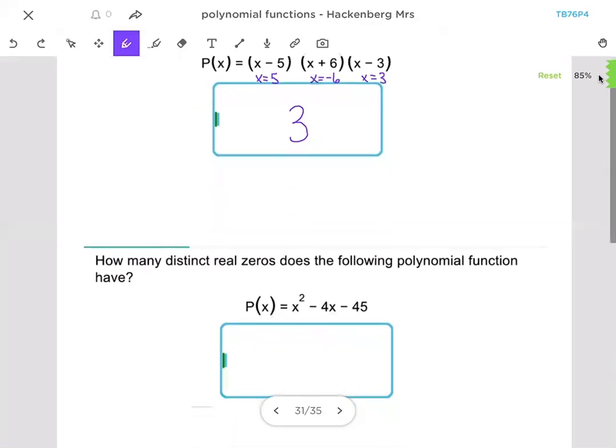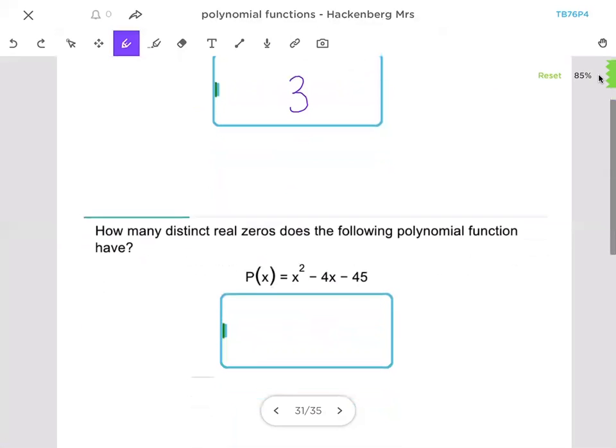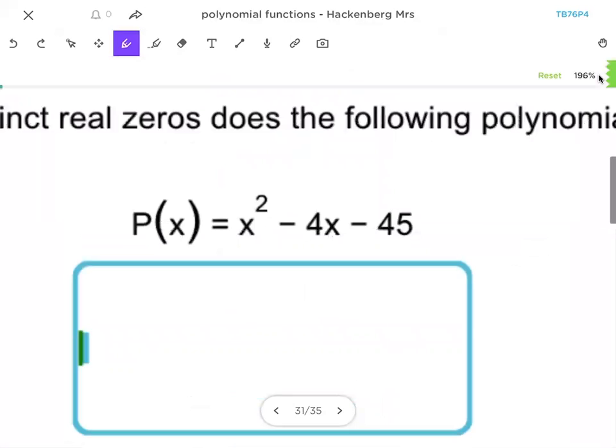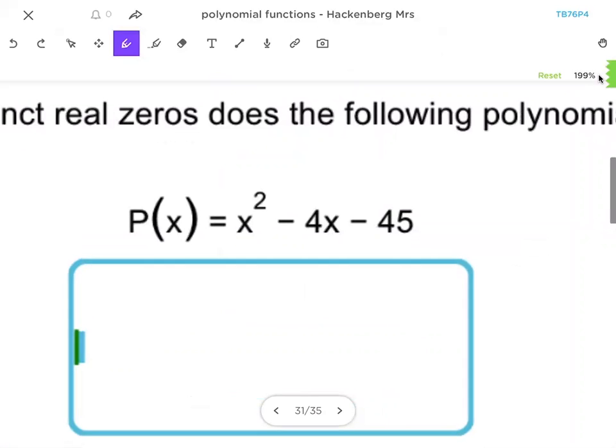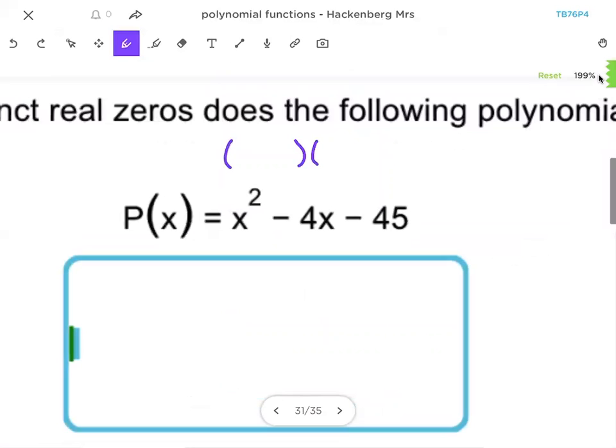These are not real difficult questions to answer, just knowing what they're asking you. I feel like I keep preaching this, but last one. How many distinct real zeros does the following polynomial have? Well, it's not factored for us. So if I try to factor that, numbers that multiply to 45 but add to negative 4 are negative 9 and positive 5, not too difficult to factor.